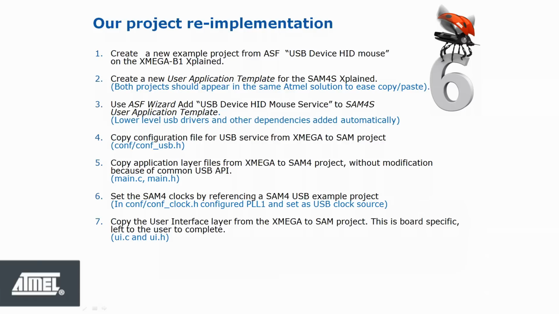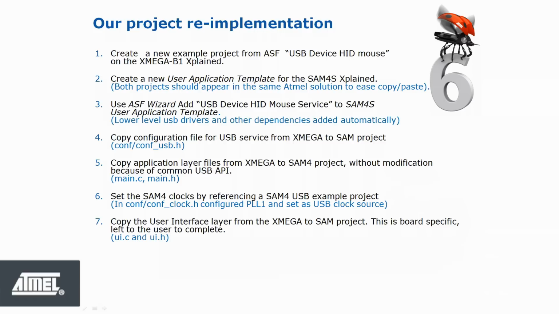1. Create a new example project from ASF USB device HID mouse on the X-Mega B1 Explained. 2. Create a new user application template for the SAM4S Explained. 3. Use the ASF Wizard to add the USB device HID mouse service to the SAM4S user application template. 4.